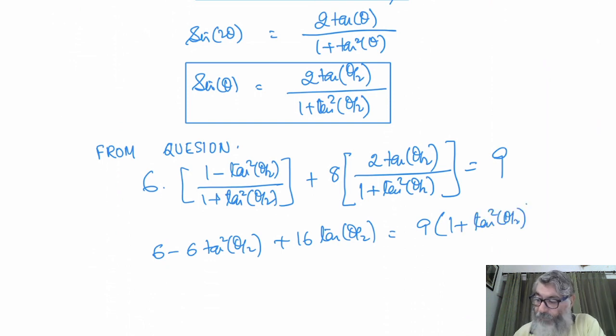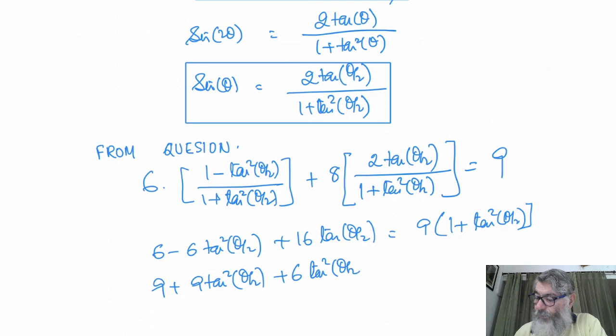So it will become 9 plus 9 tan square theta by 2 plus 6 tan square theta by 2 minus 16 tan theta by 2 minus 6 is equal to 0.